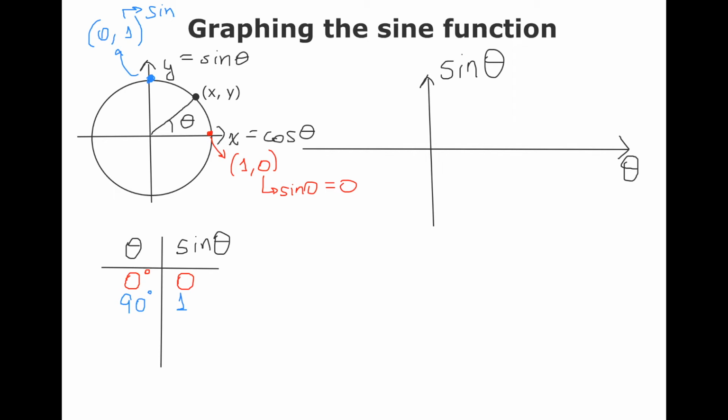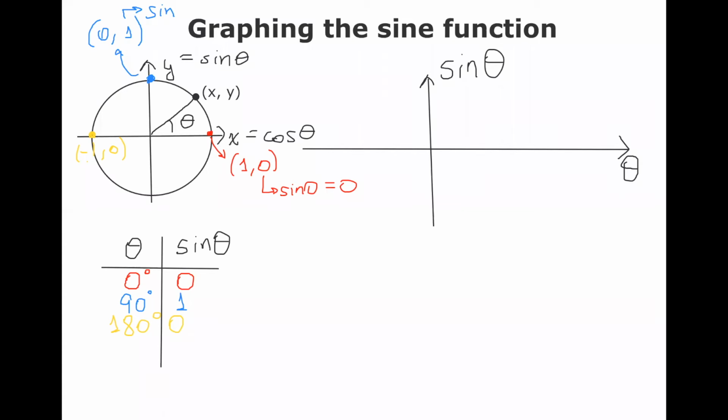And we can keep going. What if we have 180 degrees? If theta were 180 degrees, we would have this point over here. This point has the coordinates -1, 0, which means that my sine will be once again equal to 0.